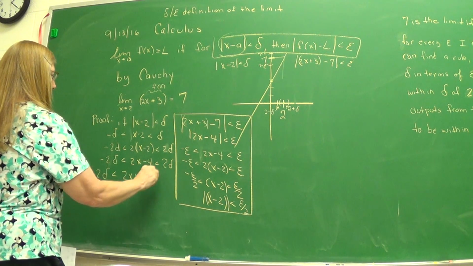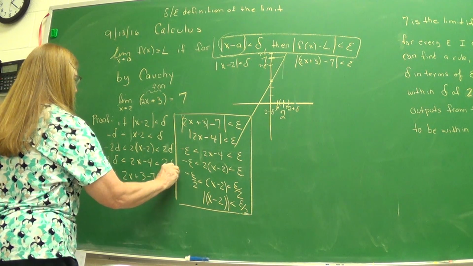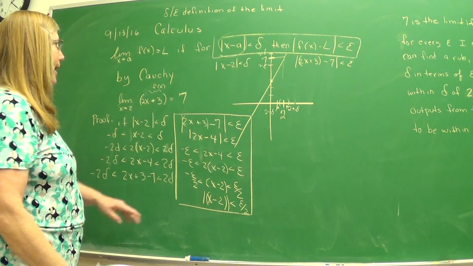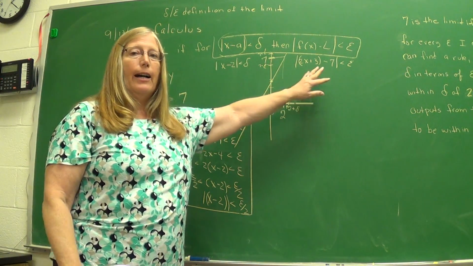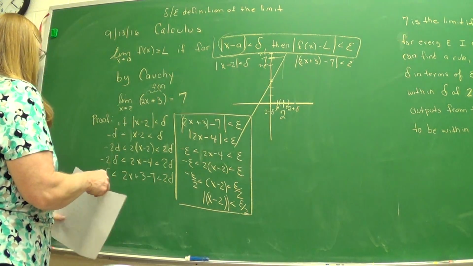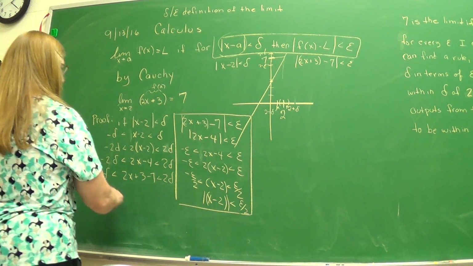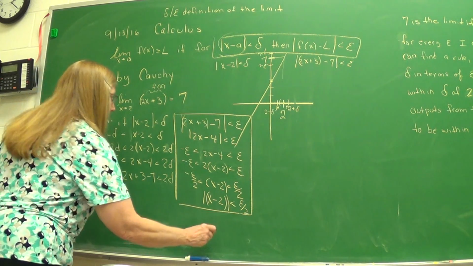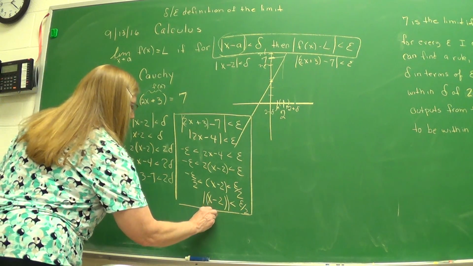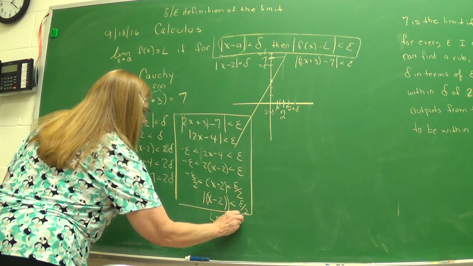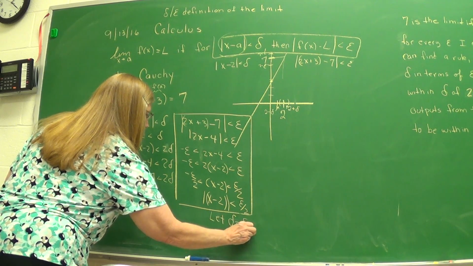Can I not do that? That's the same as minus 4. How did I know to do that? Because I kept my eye on the prize, what I want it to come out to be. But we have established that delta is equal to epsilon over 2. So I'm going to let delta equal epsilon over 2.